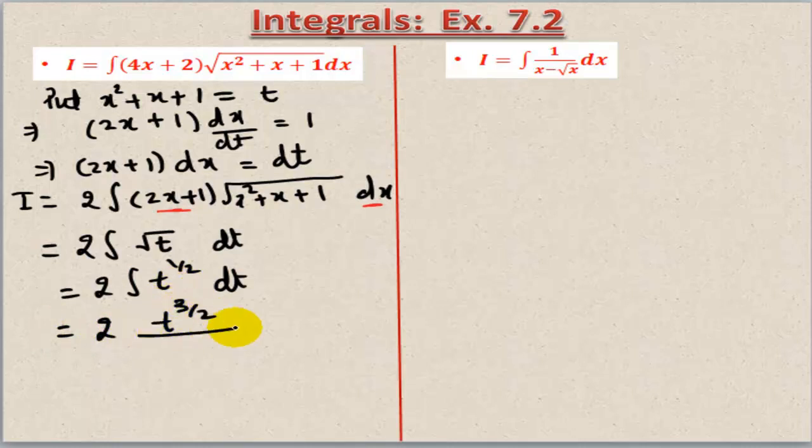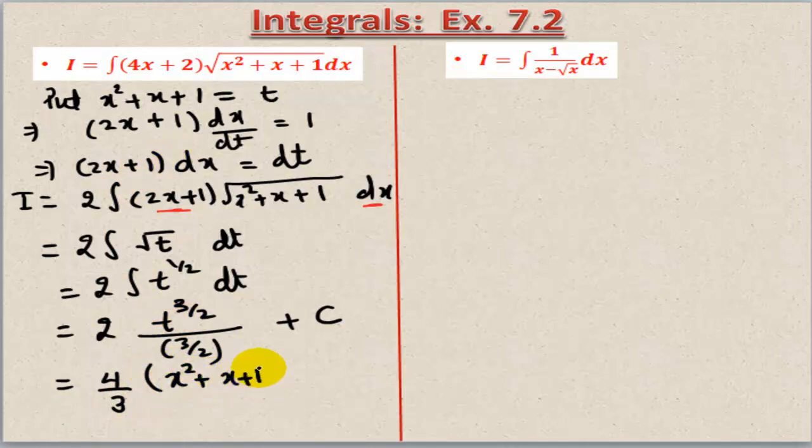So that comes out to be 3 by 2 and divided by 3 by 2 with constant of integration. So if we simplify it, it is 4 over 3 and substituting t with the original variable which is x, we get x square plus x plus 1 and this with the exponent 3 by 2 plus constant of integration.